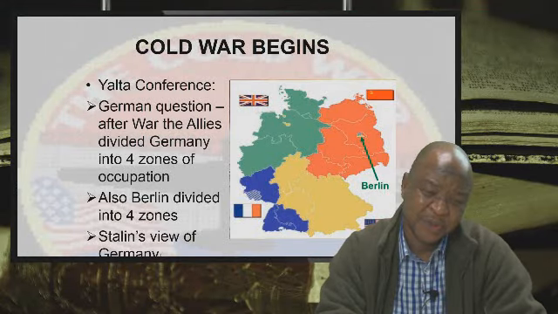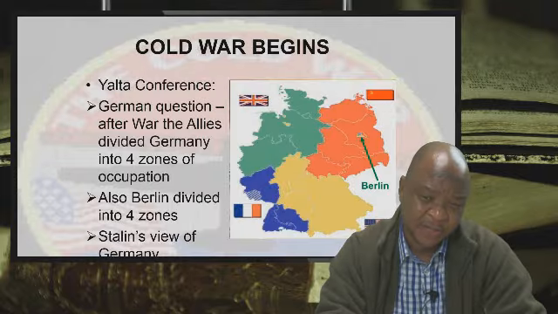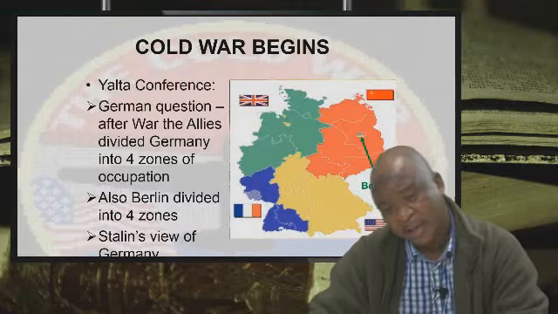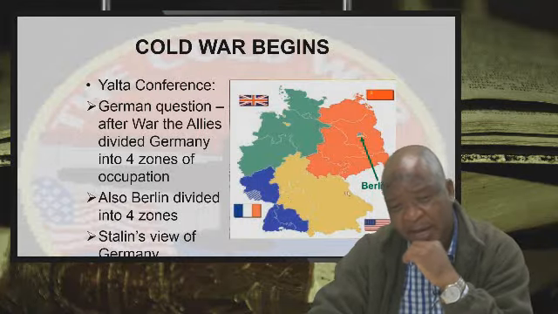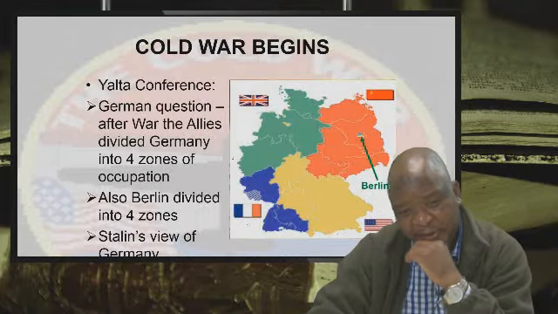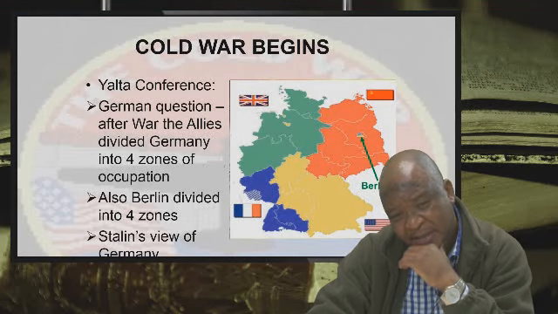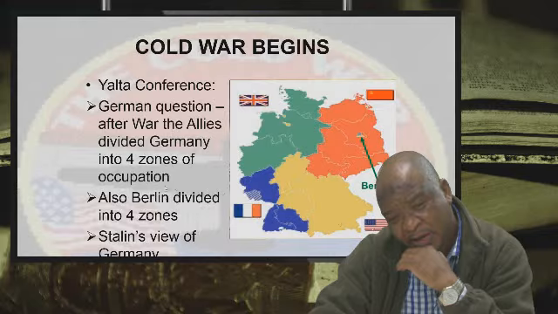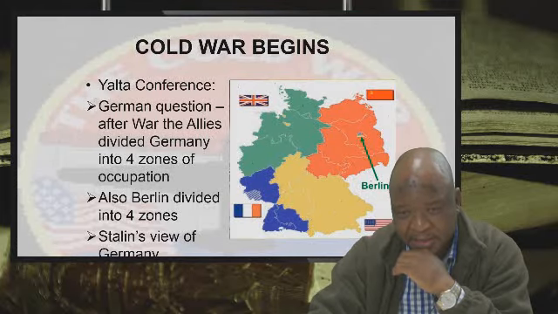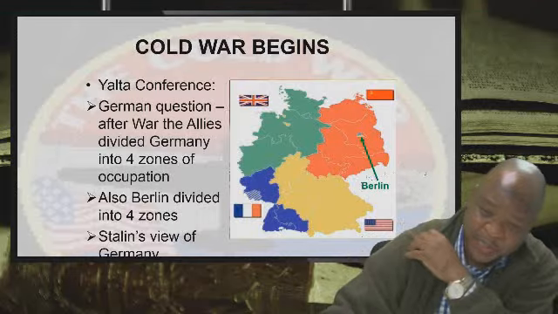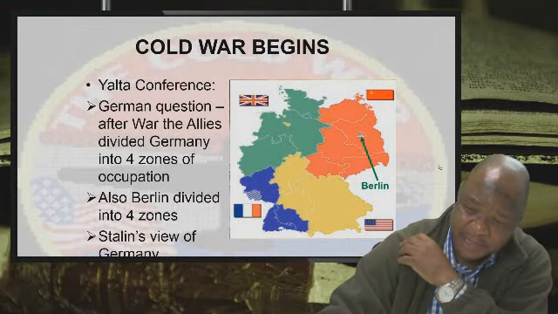Stalin had a different view of Germany to what the superpowers had about Germany. And this really has to do with the geography. You remember I alluded to the fact that the 3, France, Britain, and the USA, were coming from the West. And then this is Germany, of course. The rest is Germany here. But the USSR was coming from the East.